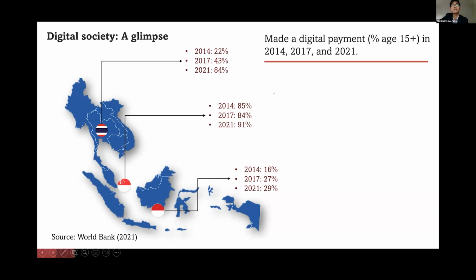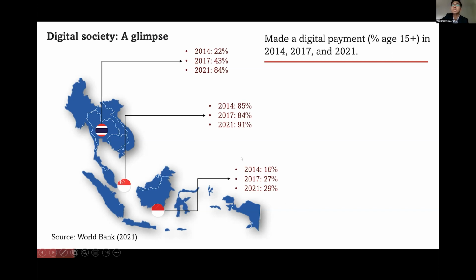In terms of making a digital payment, the data is from 2014, 2017, and 2021. In Indonesia, 16% of the population made digital payments in 2014, moving to 27% in 2017 and around 29% in 2021.